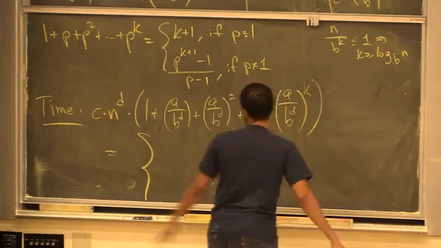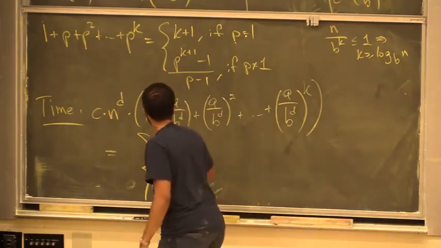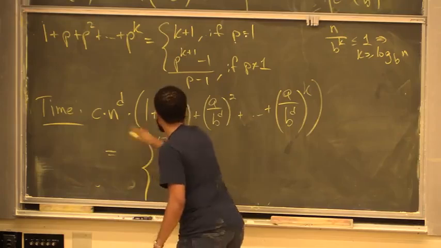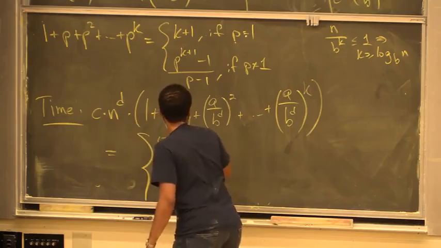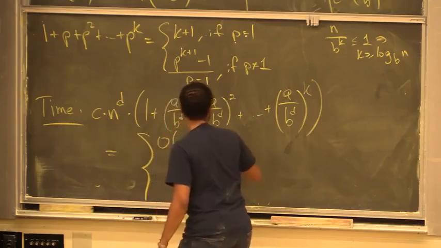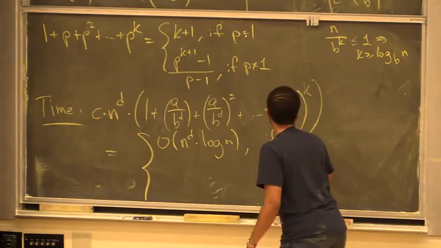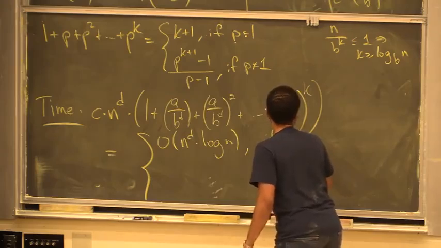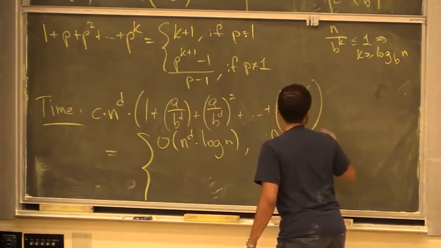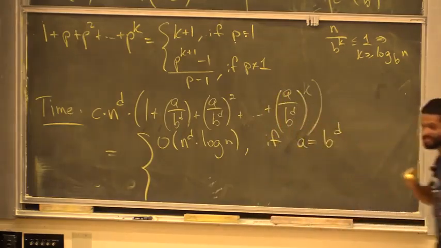So this is O of n to the d times log n if a is equal to b to the d. That's one case.